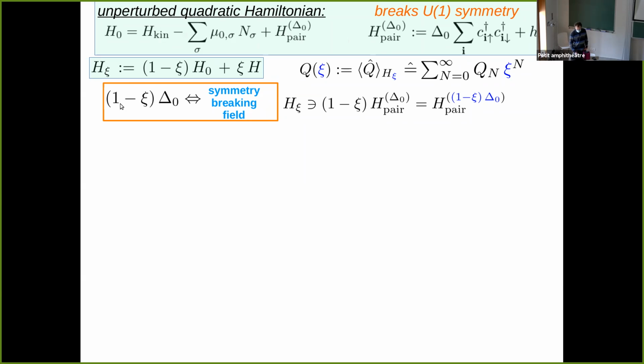Such that, of course, at psi equal 1, this symmetry breaking field is 0, and we recover a Hamiltonian which does not break the symmetry. So this is just, again, the explanation of why. h psi contains this 1 minus psi times this h pair delta 0, which is nothing else than h pair with delta 0 times 1 minus psi as the symmetry breaking field.